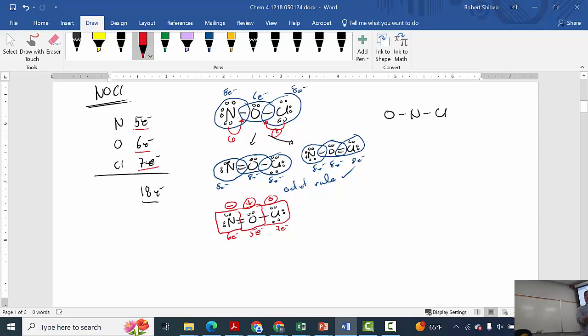Which one is more electronegative, oxygen or nitrogen? If there's a tug of war, which is stronger, the oxygen or the nitrogen? Oxygen. So does this look like a favorable outcome? No, this doesn't. How about this one here? Let's take a look at the formal charges on this next structure here.